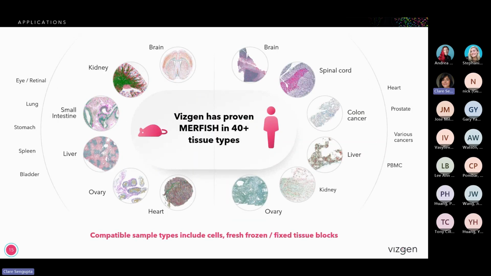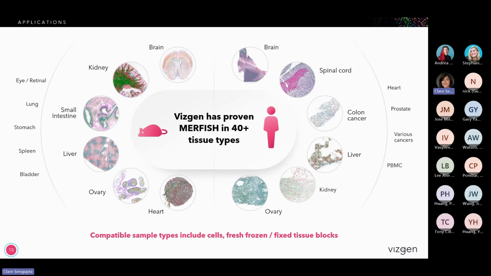So as I mentioned, in the gene panel portal, you have the ability to seamlessly design a mouse and human panel. And using this, we have over 40 different tissue types that have either been validated for MERFISH in peer-reviewed publications or internally.